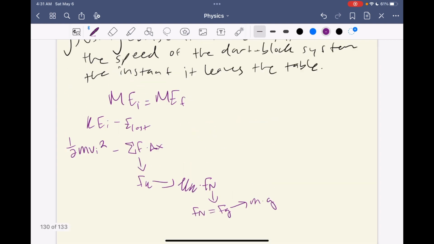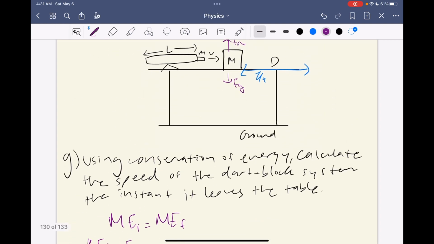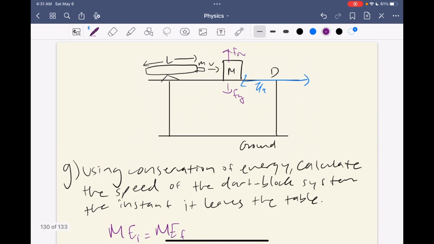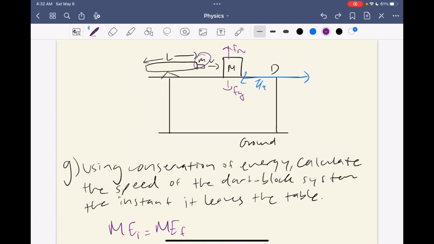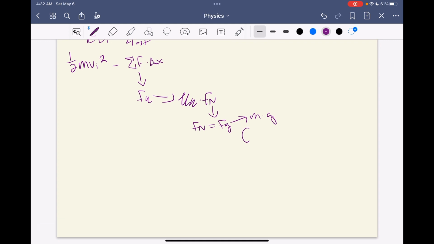Since it's referring to the entire dart block system, we have to account for both of the masses. So it'd be lowercase m plus uppercase M, where uppercase M is the mass of the block and lowercase m is the mass of the dart, times g. From there, we can calculate Fn. The mass of the dart is 0.02 kilograms, and the mass of the block is 0.03 kilograms, times 9.8, which is gravity.